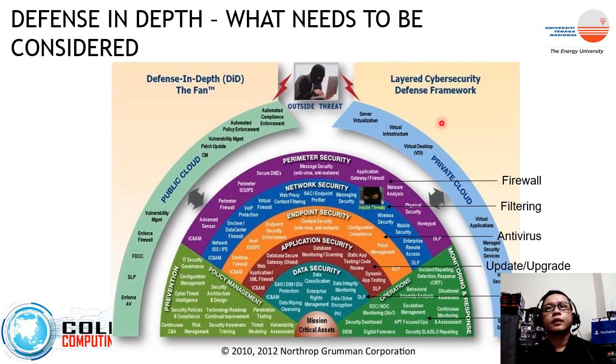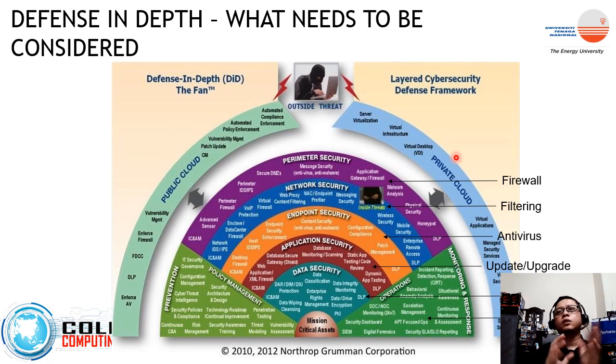So here in the defense in-depth, you will see the framework where you have the private cloud, the public cloud, you have the security implementation, you have the operations, you have the prevention.